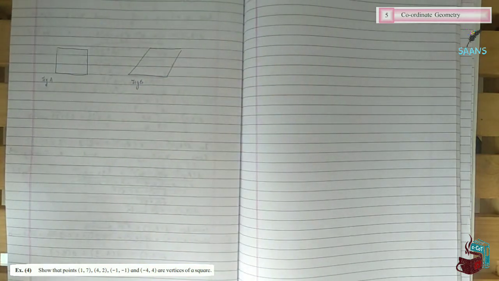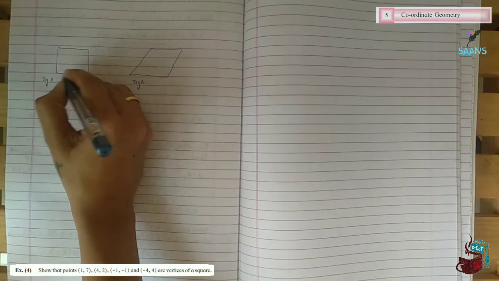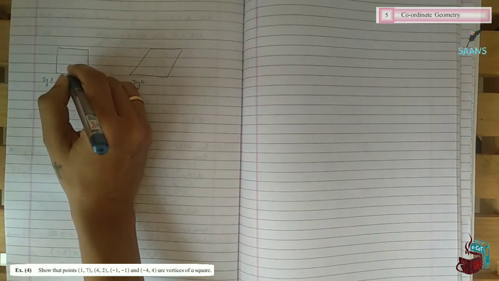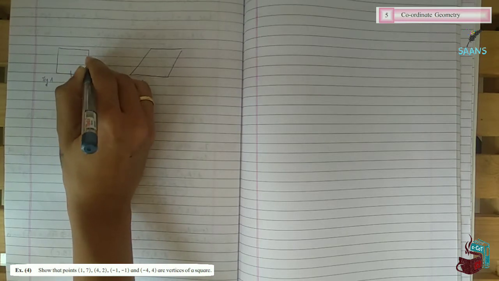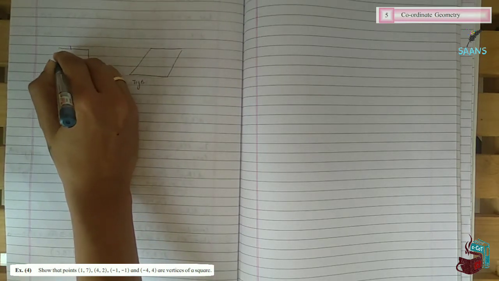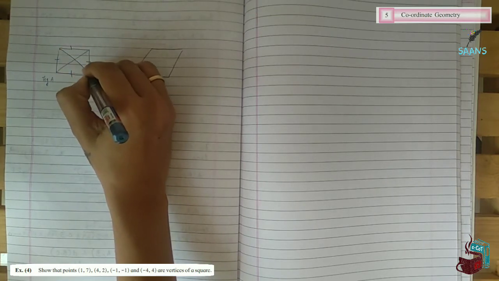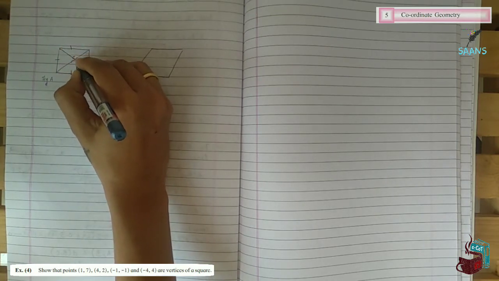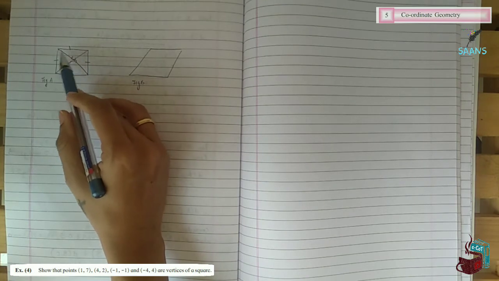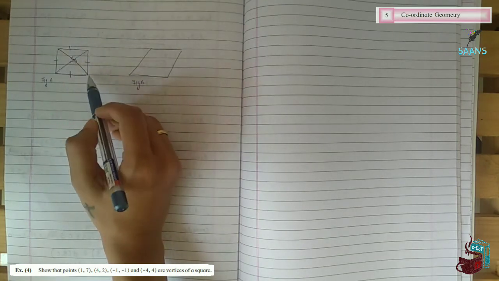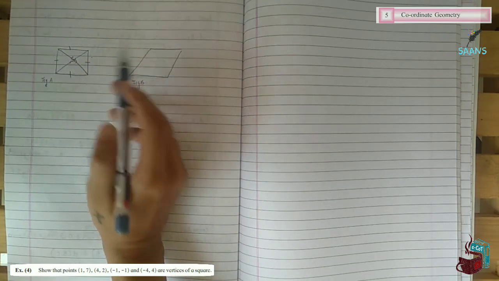In case of a square, if you want to prove that a particular quadrilateral is a square, then all four sides will be equal and the diagonals will also have to be equal, not to the sides. So the sides of the square will be equal to each other and the diagonals will be equal to each other.